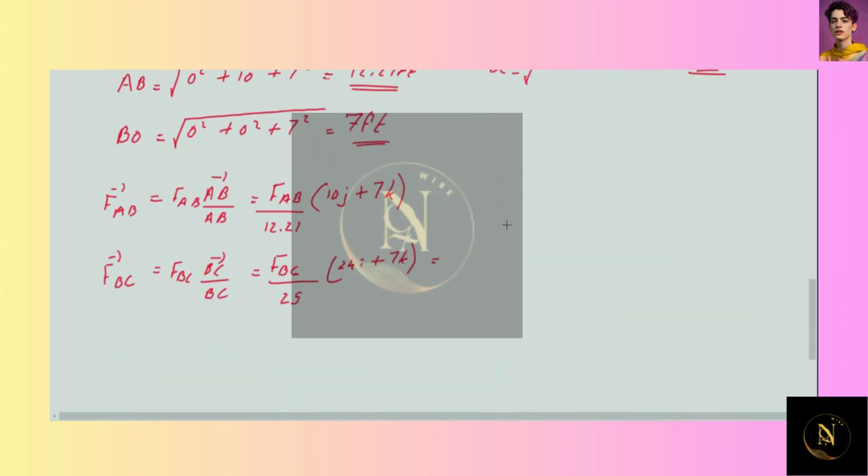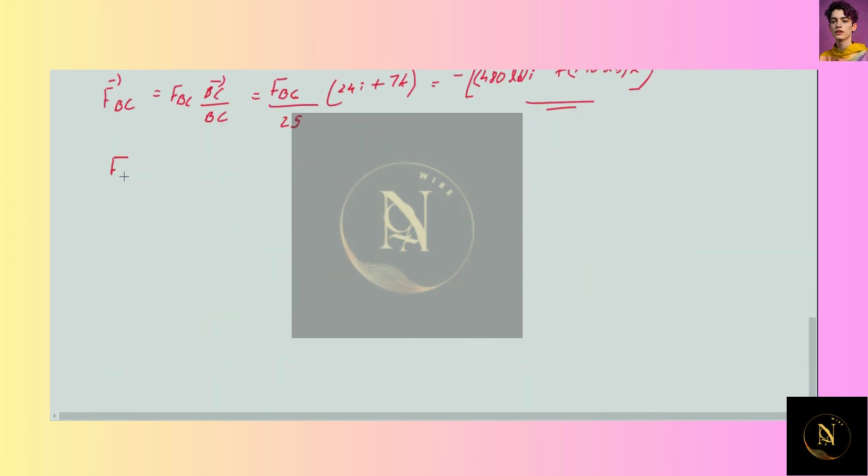Just substitute the value of FBC here, that gives us minus 480 lb along I direction plus 140 lb along K direction. So this is FBC.